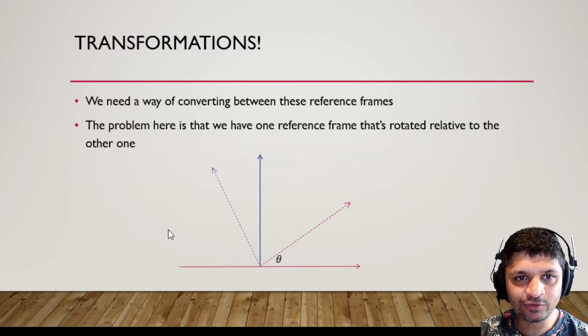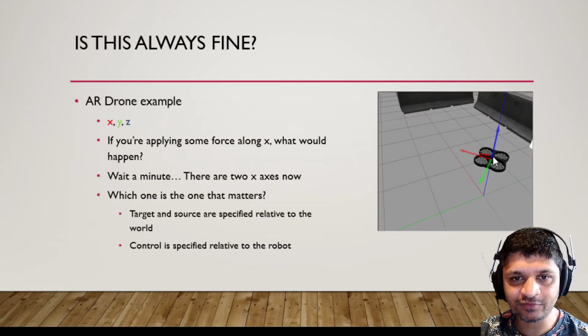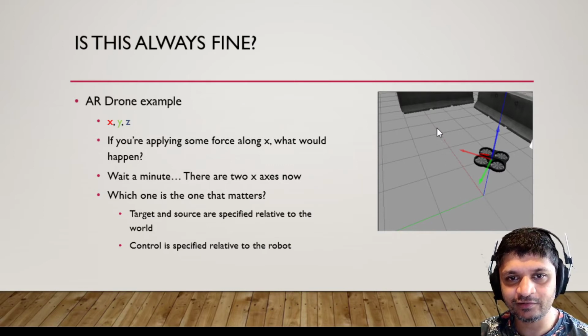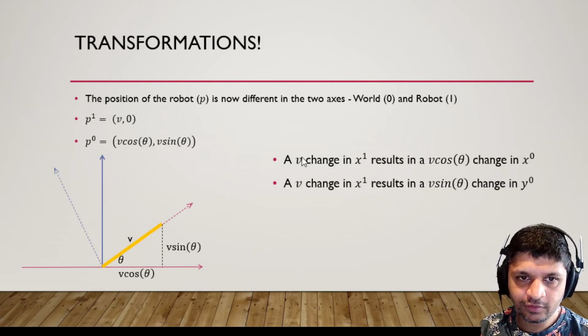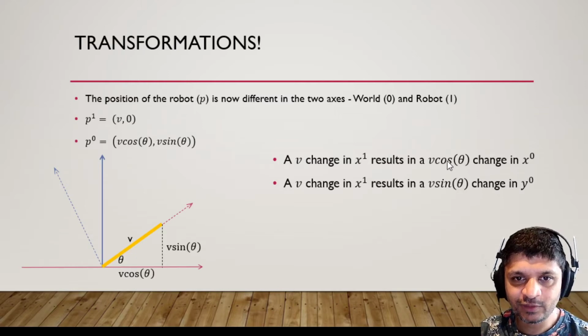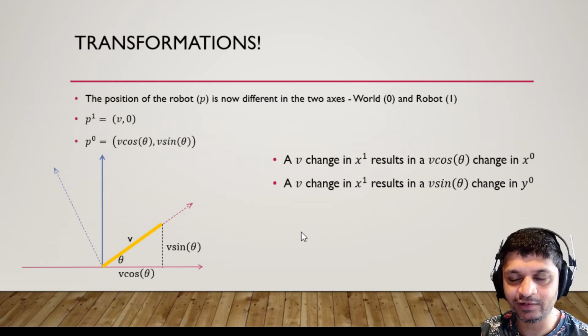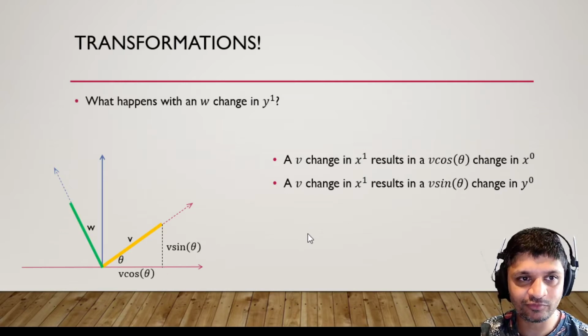If we look at our air drone example, it makes sense. If I move along this x-axis in the robot's reference frame, I will move a bit in the world's x-axis, and I'll also move a bit in the world's y-axis. So our change in x1 results in a change in x0, and also in a change in y0, and this trig defines the relation by which it moves.